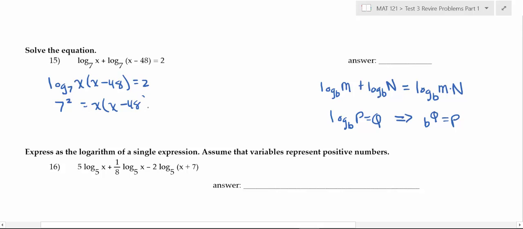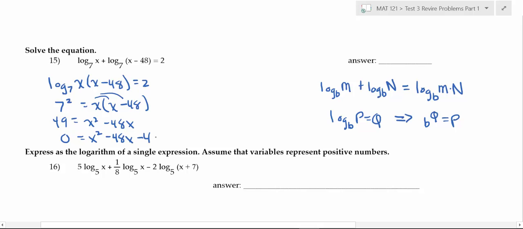Now you're just going to solve this equation, and this is a quadratic equation, so you're going to use the methods that you learned to solve quadratic equations. 7 to the 2nd is 49. Multiply this out with the distributive property and you get x squared minus 48x. Get one side to 0, so I'm going to subtract 49 from both sides.